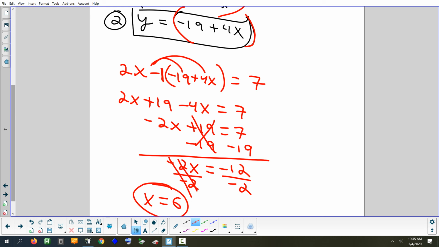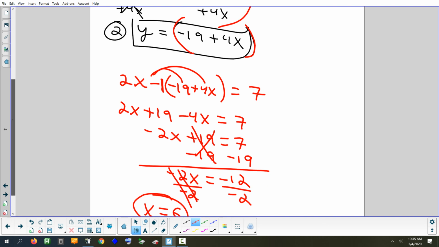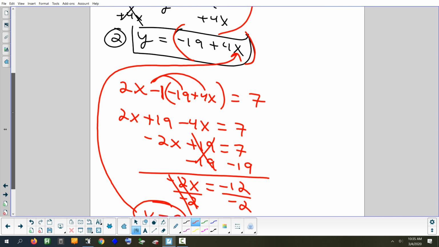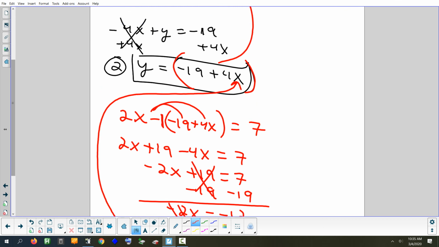Now, you could get that different ways. So if you got 6 for x, then you did it right. Now, last step, what do we do with the 6? Plug it in. Yep. And you always want to plug it back into the equation that has the letter by itself.